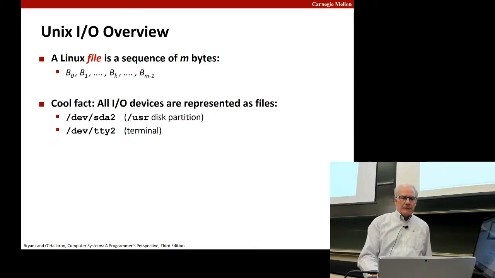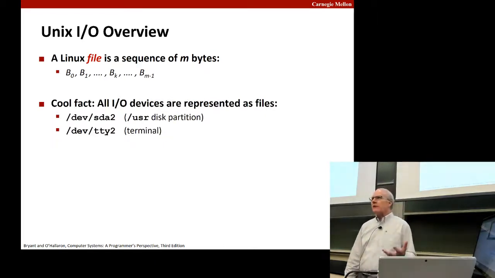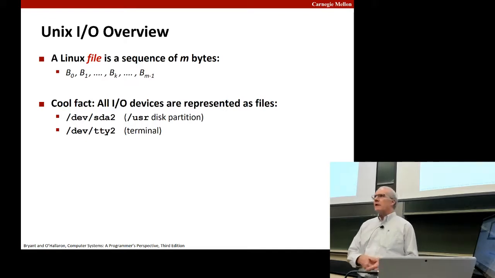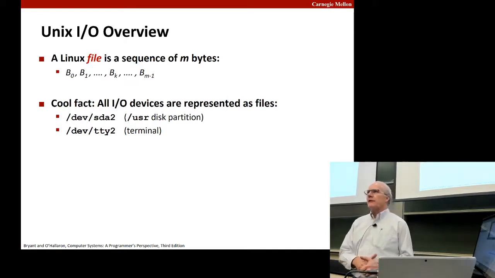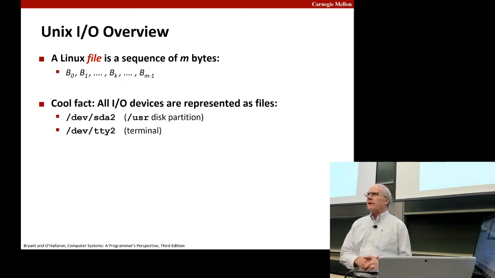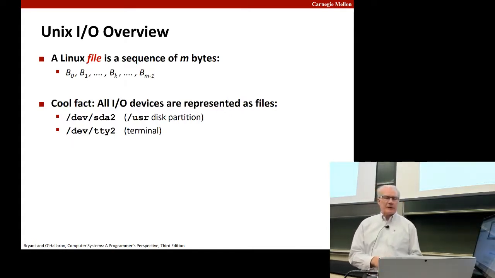And in fact, Unix uses this concept of a file for a lot of things, not just for data that you're storing in a directory somewhere. All the I/O devices are viewed as files. Large parts of the operating system are represented as files.